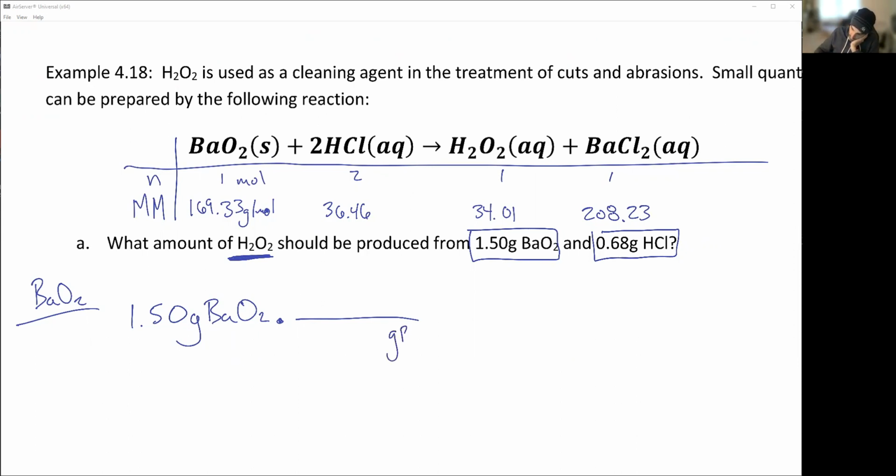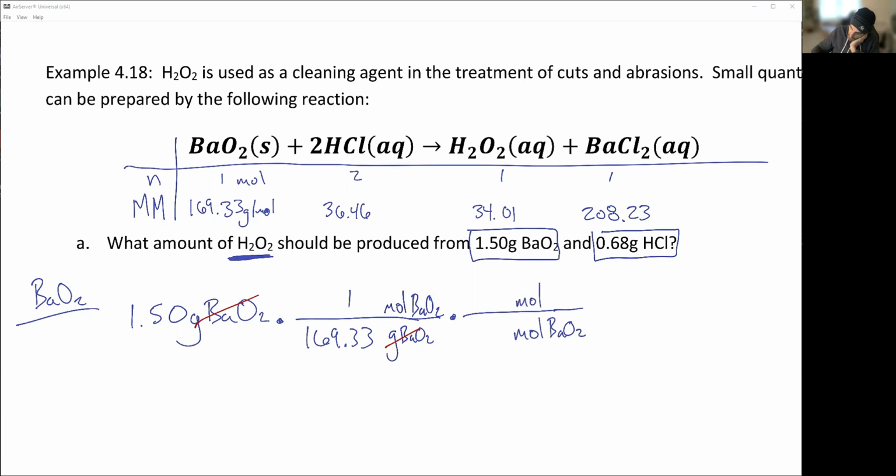So grams of barium peroxide to moles. 1 mole is equivalent to 169.33 grams. At this point, grams would cancel and I would be left with moles of barium peroxide.